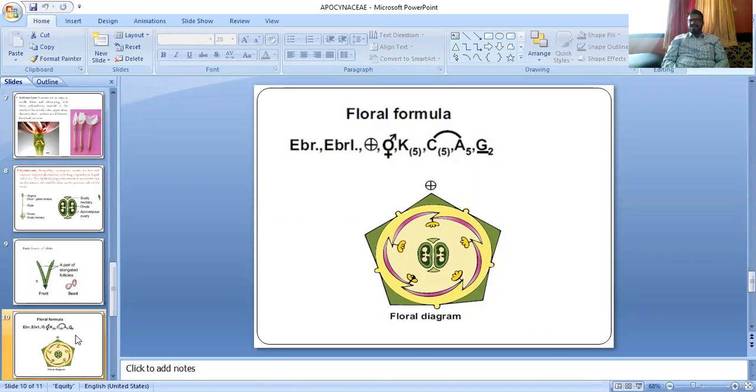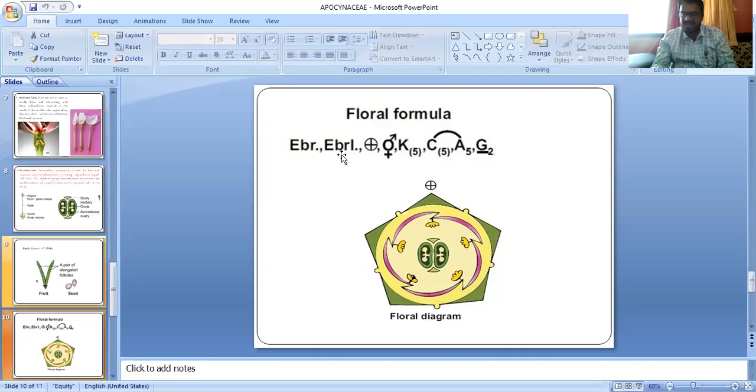So in this case, in case of Catharanthus roseus, flower is ebracteate. EBR means flower is ebracteate. Flower is ebracteolate. Now even if you do not write ebracteolate here, it is fine. Why? Because when flower is ebracteate, it is ebracteolate also.